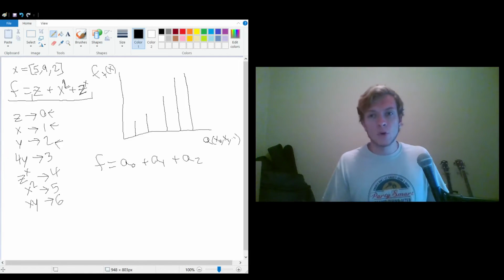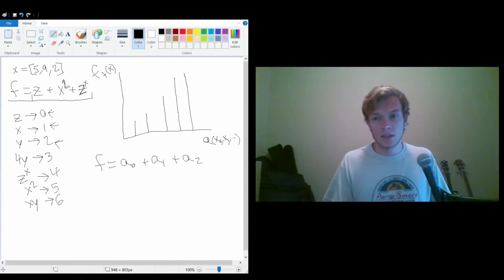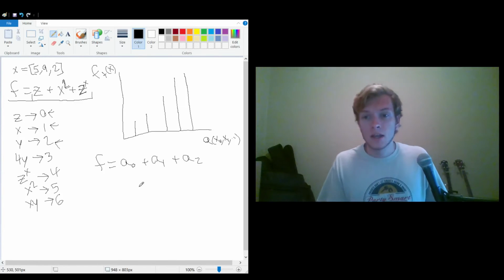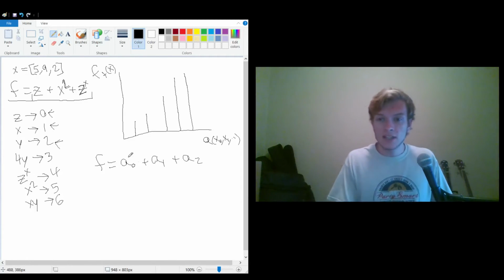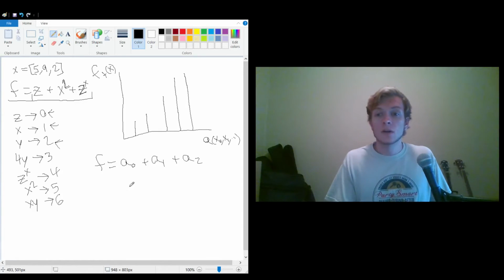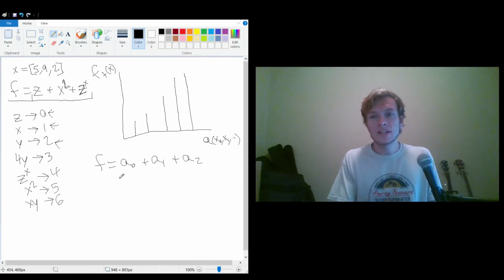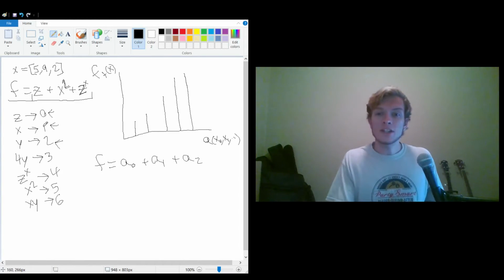But I'm going to make this more of a general case when I go to code this in the future. So in this case, we have an A0, an A1, and an A2. And I need to create an algorithm that will figure out which of these functions need to be put in place of each of these placeholders.